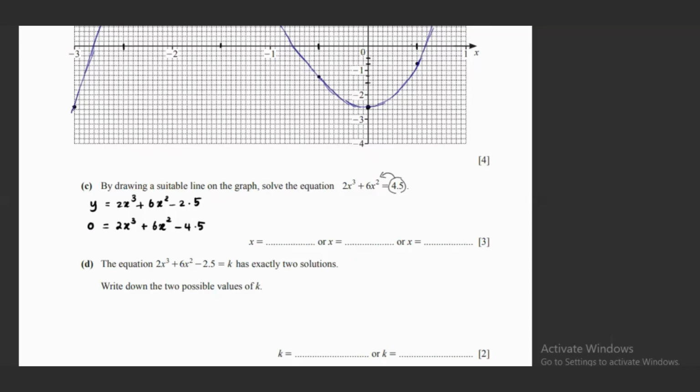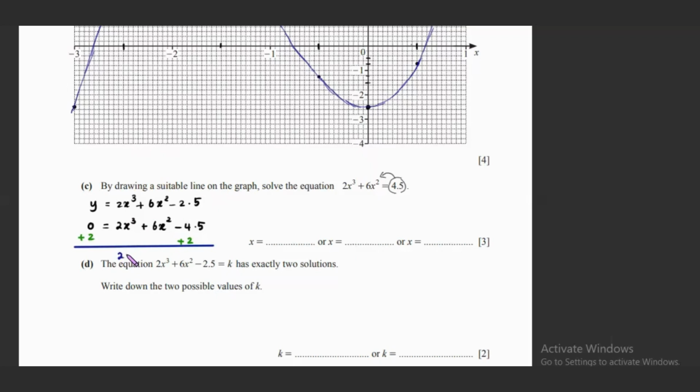Now I need to see how we could make this equation look like the equation of the curve. To do that, I need to add a 2 to this side. If I add a 2 to this side of the equation, I need to do the same thing to the other side as well. So the equation that I get on the right side will be the same as the equation of the graph.